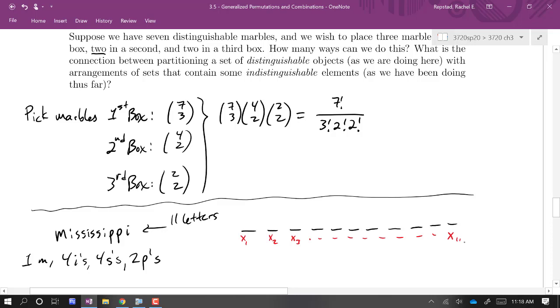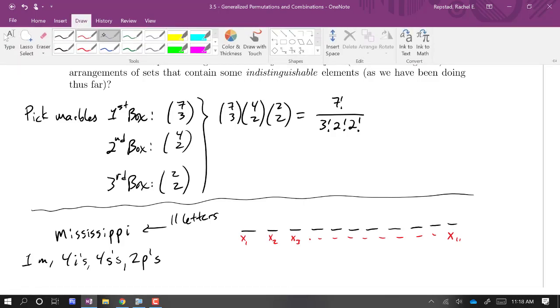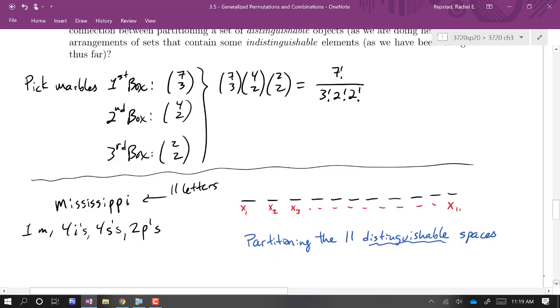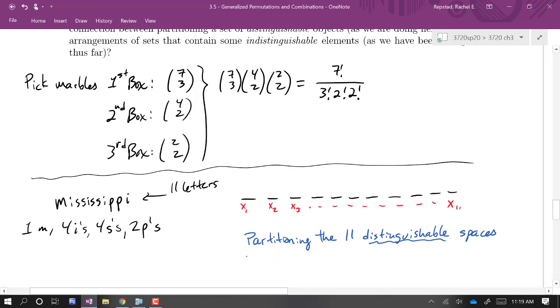So the way that the Mississippi problem is the same as the marble problem is that I am partitioning the 11 distinguishable spaces into 1, 2, 3, 4 boxes.